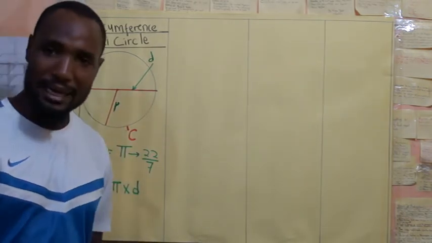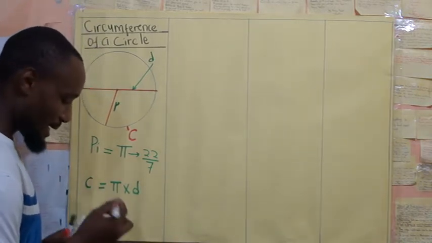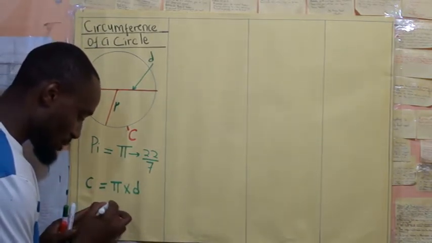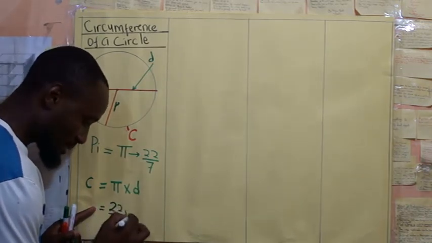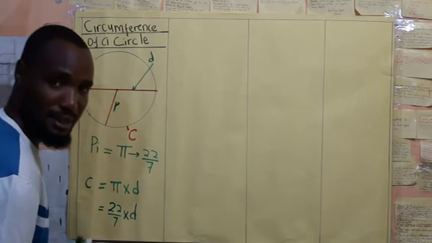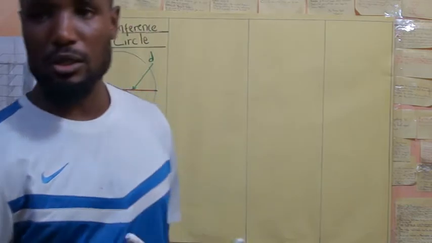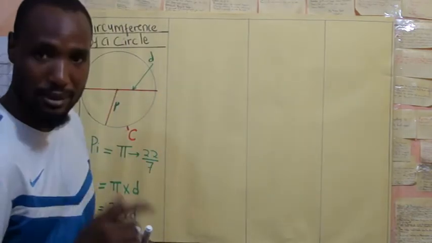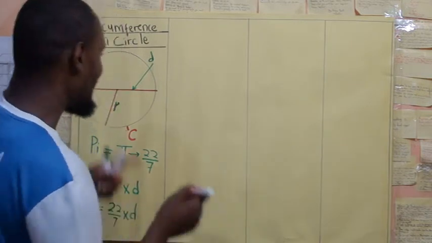I've said that pi is 22/7. So instead of writing pi, you write 22/7 times diameter. I'm going to draw a circle here and give the measurement, then we are going to discuss it.